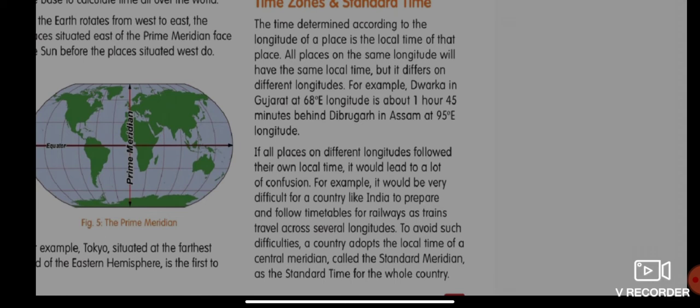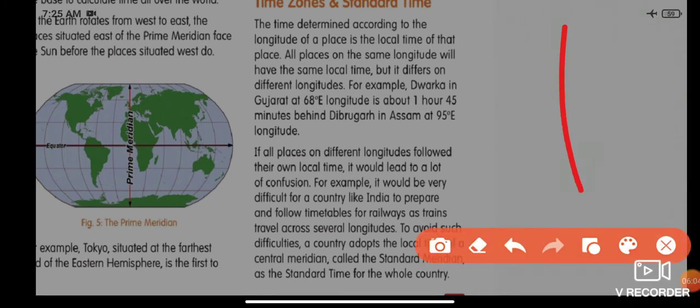For example, Dwarka in Gujarat at 68° east longitude is about 1 hour 45 minutes behind Dibrugarh in Assam at 95° east longitude, even though they are both places in India.